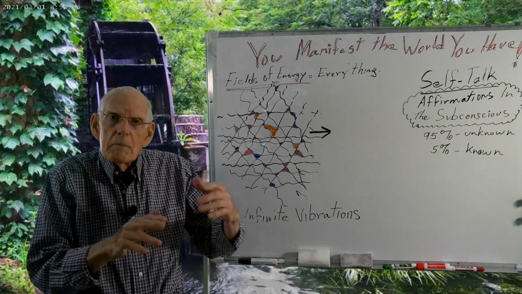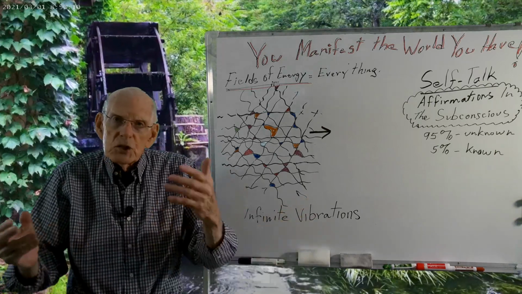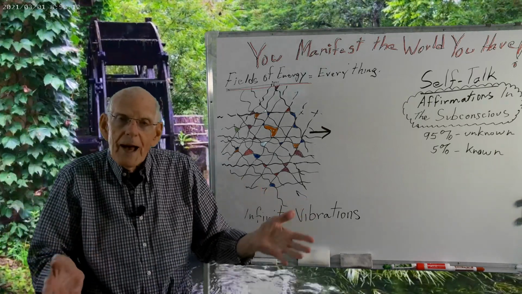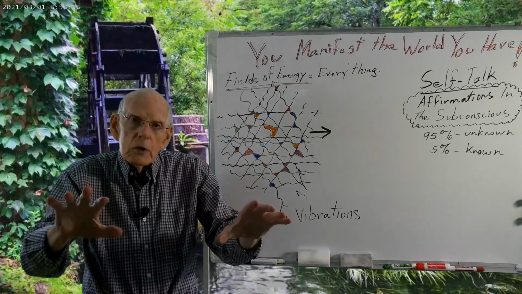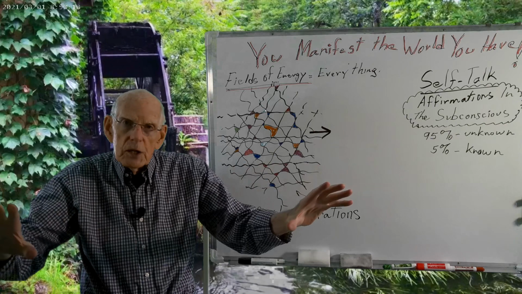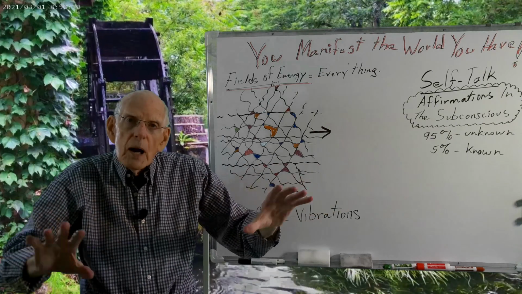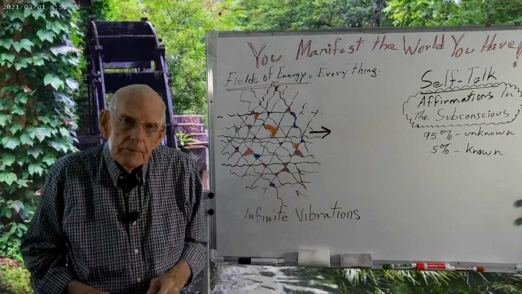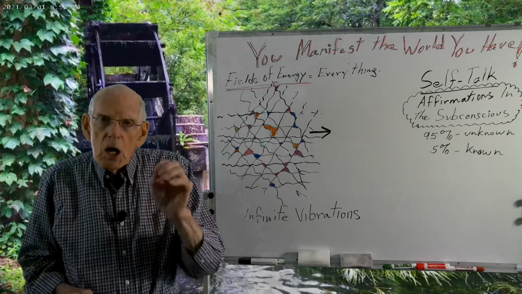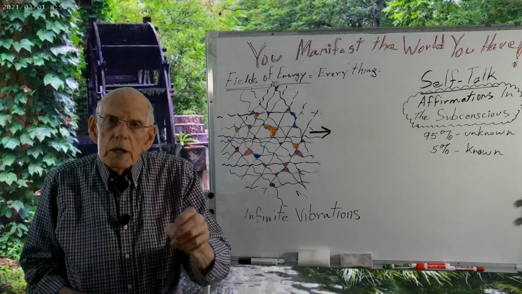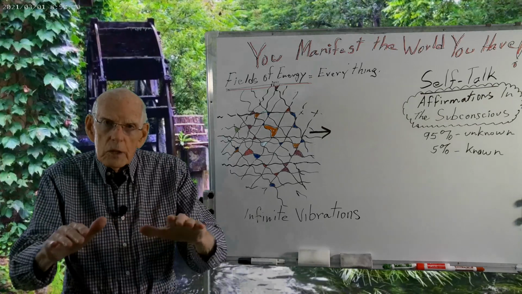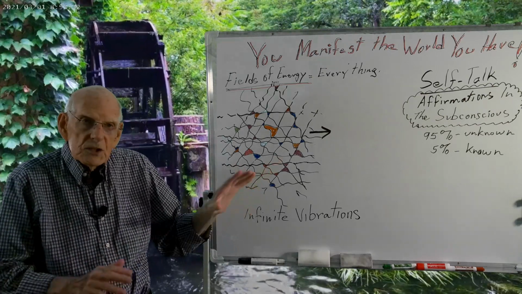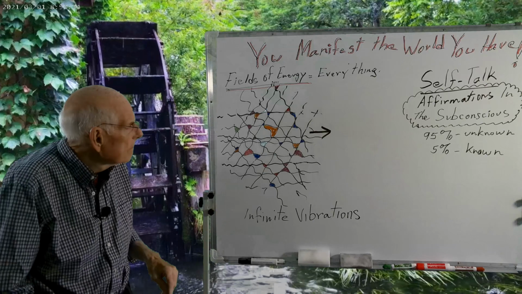So when you start manifesting with affirmations and vision boards and stuff like that, your subconscious mind is pushing out a certain frequency based upon your belief system, out of which comes your self-talk. Now we're going to look at the model and see how this fits in.